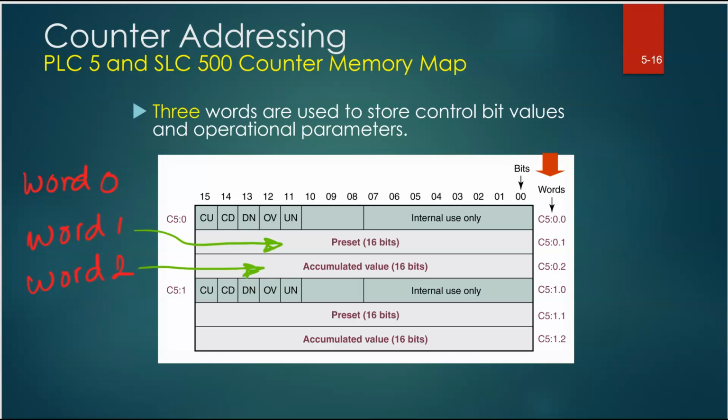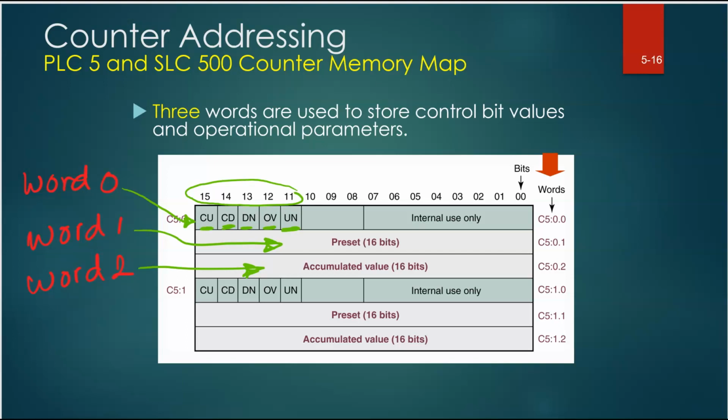In word 0, we are using the most significant bits to describe the bits related to the counter, so you can see them here. So in word 0, bit 11 is showing the underflow bit, bit 12 is showing the overflow, bit 13 is showing the done bit, 14 is your CD, and 15 is your CU.